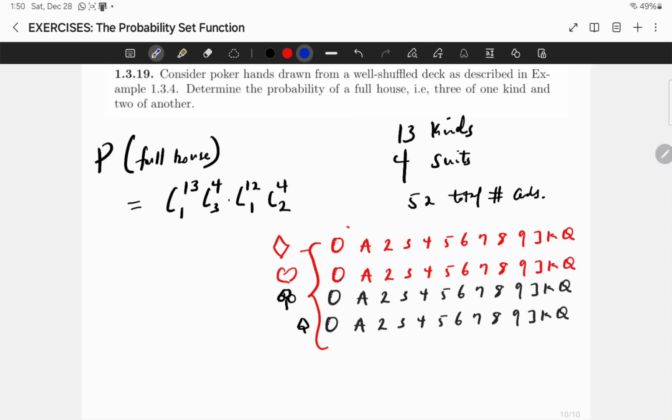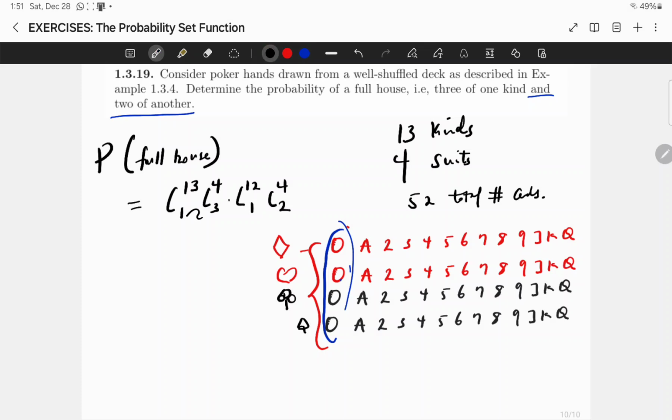For example, maybe we pick zeros. So out of the zeros, we just pick 3. We have 4 possible zeros, but we only pick 3. So assuming that this is what we pick, then we are left with 12 kinds. Out of those 12 kinds also, we just need 1, 2 of another. So we have 4 of this, then out of 4 we just pick 2.